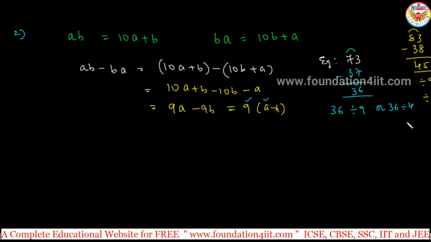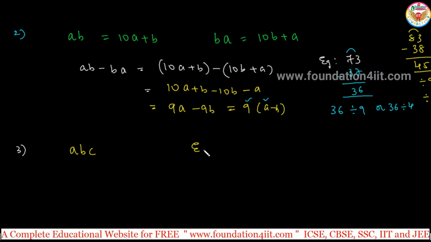Let us take a 3-digit number now. Consider a 3-digit number ABC. Let me show with an example. For example, take any number like 374.